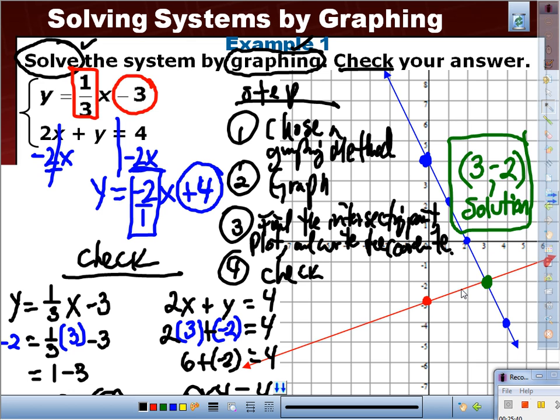One solution. Mel. Independent. What else? What's another name? No, it's independent. We're done with independent. Jason. Close. Consistent. It's consistent because there is a solution, and it's independent because there's only one.